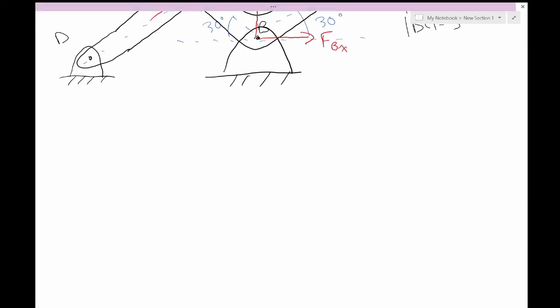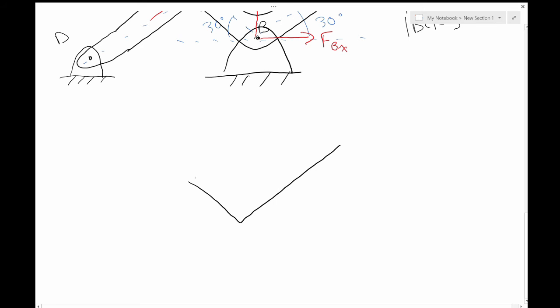Okay, now let's just redraw this because it's getting a little crowded. Since we know what all our forces are going to be, we're just going to draw this again as a triangle, and put in the forces that we need. So we have F of A, F of BY, F of BX, and then finally our force coming in here.